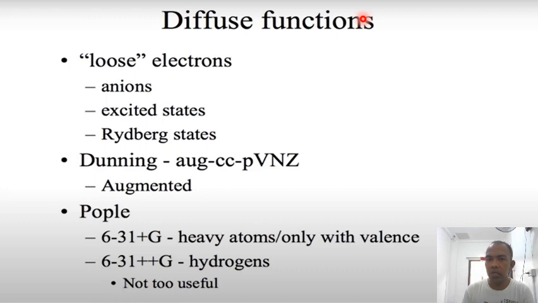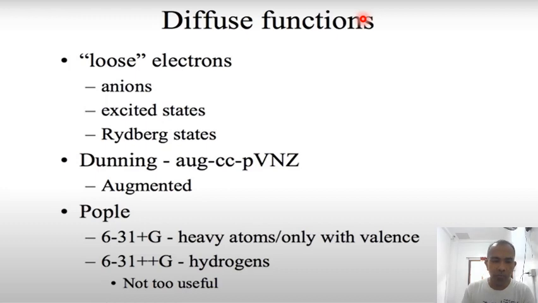About the only time a diffuse function on hydrogen is really useful is if you're going to generate a hydride somewhere along, say, a reaction coordinate, where you have a hydrogen almost all by itself that needs to accommodate a negative charge. Then there's a good reason to have a diffuse function.